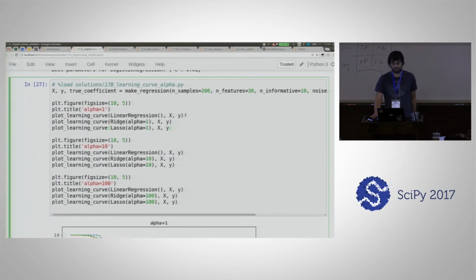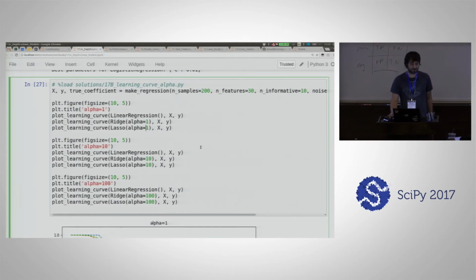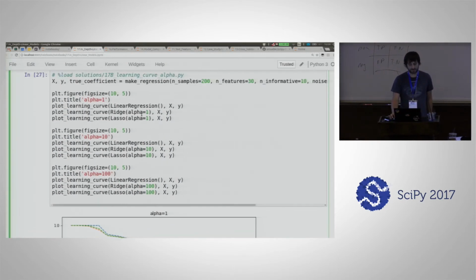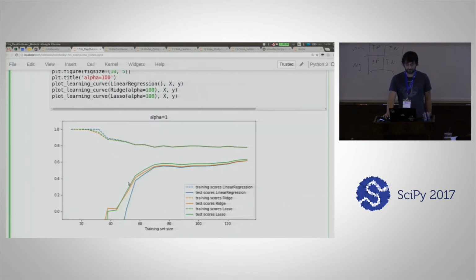So here, I did the same thing as above, the learning curves, and I just did logistic regression against Ridge and Lasso with alpha equal to 1, alpha equal to 10, and alpha equal to 100. If alpha is equal to 1, we have very little regularization. So Ridge and Lasso mostly behave like linear regression, as you can see here.